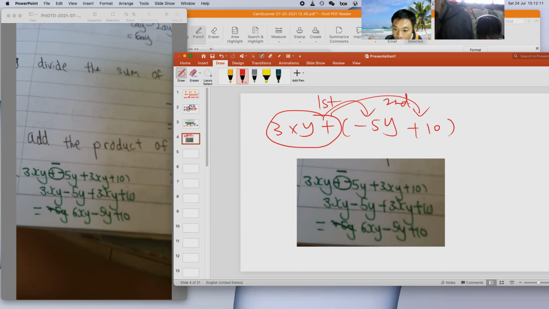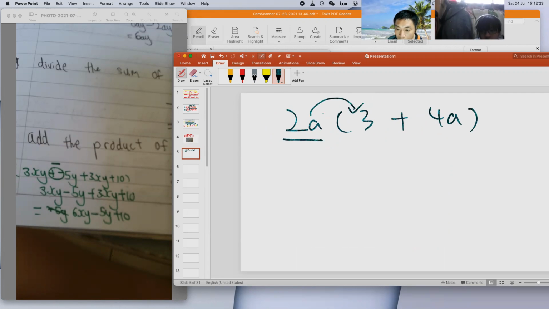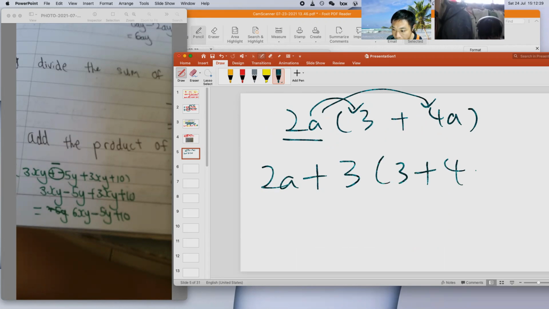So remember, whenever you do the opening of bracket, I can give you a few examples. What you do is do this. I'll give you some more examples. You should do this, right?